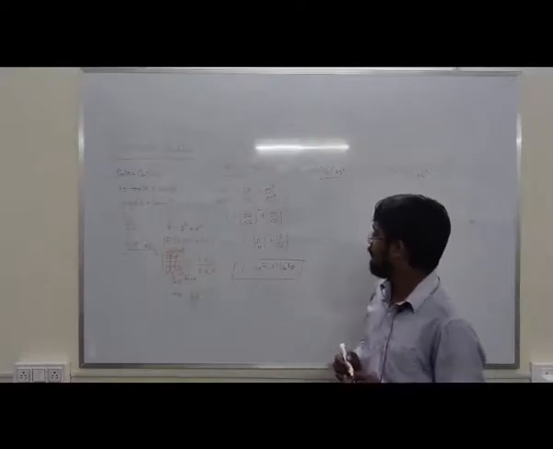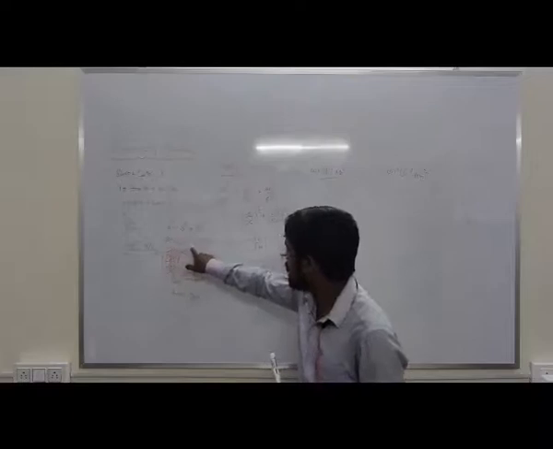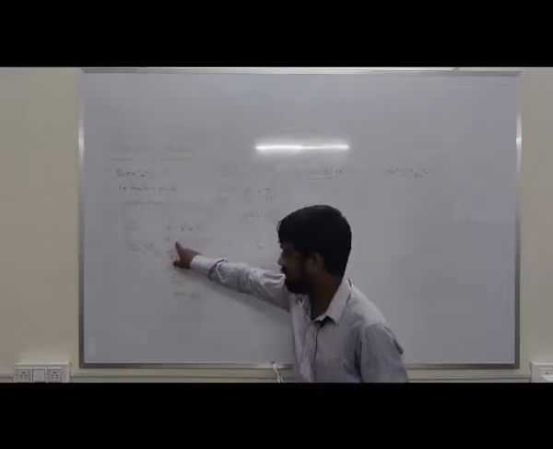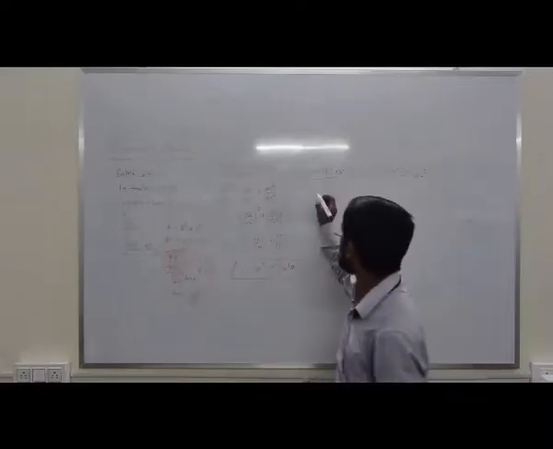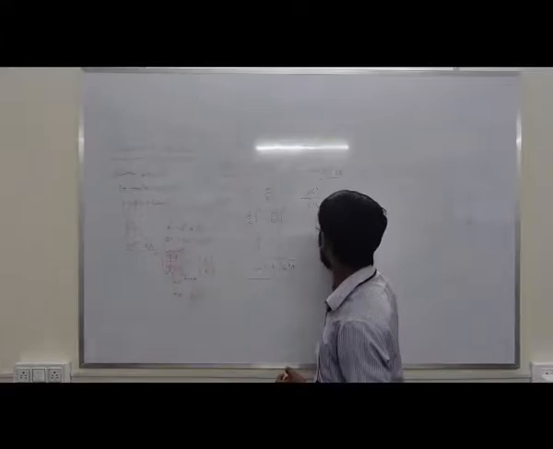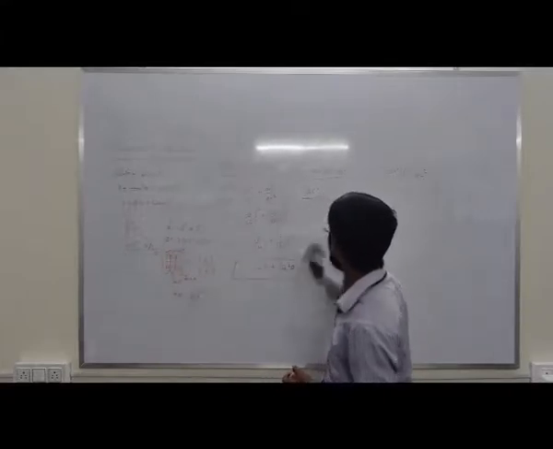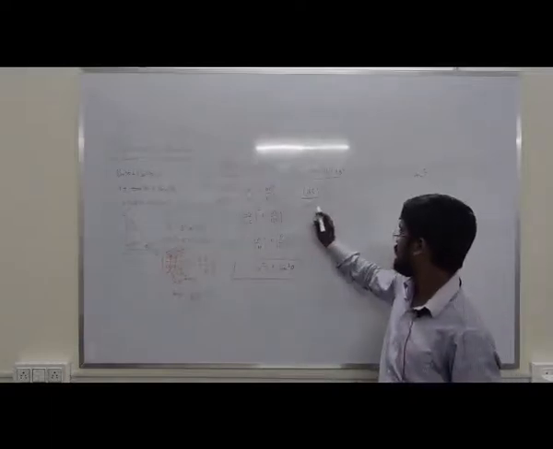Second, what we can do, we have to divide by AB square. So our equation is this one. This came from the Pythagoras, right? So BC square divided by AB square, you can say BC by AB whole square equals, this is AB, okay?